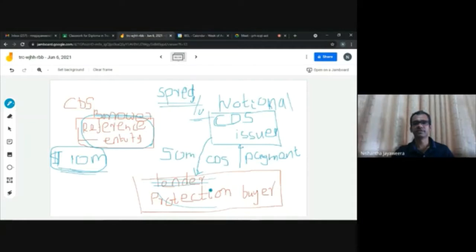Because protection buyers, even without any exposure to this party, can buy any amount from the CDS issuer, just paying the premium. So whenever the protection buyers or the market participants see this entity is going bankrupt, they buy more. So ultimately this party fails.